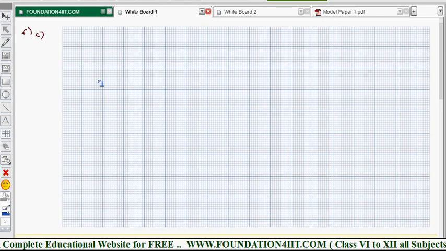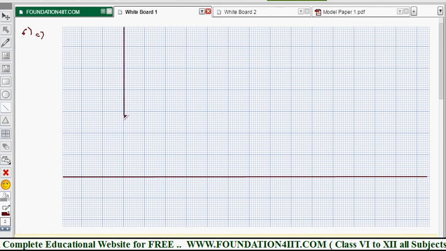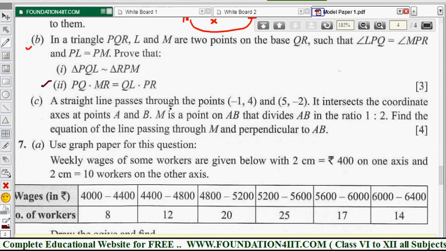So the line is passing through coordinate points. Let me take the x-axis and y-axis. According to the question, a straight line passes through the points -1, 4 and 5, -2.